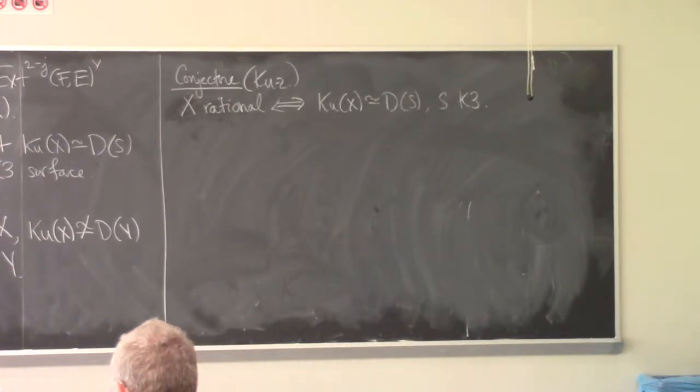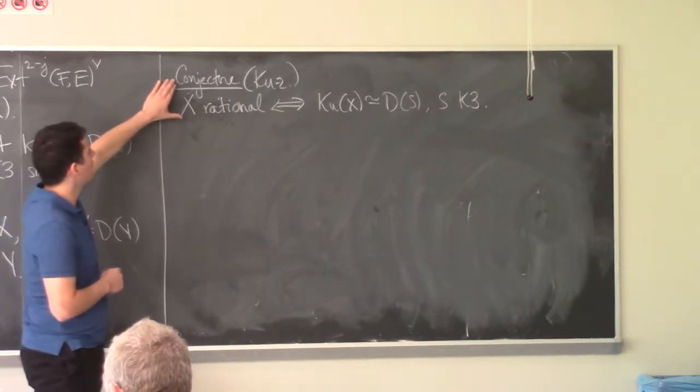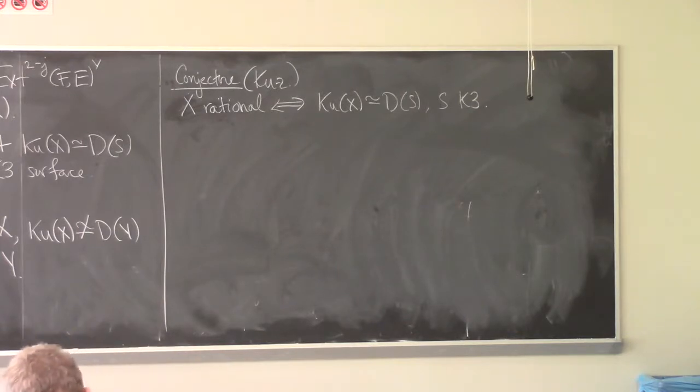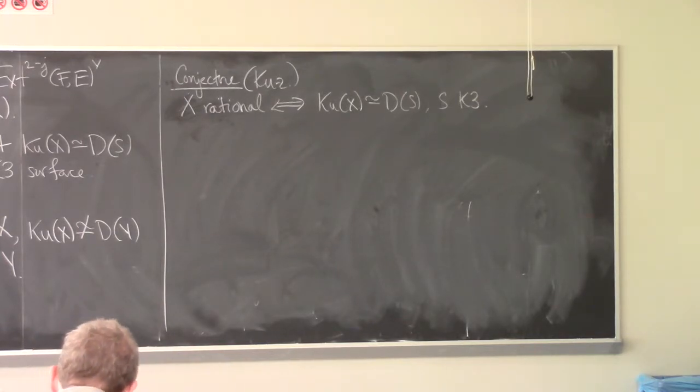Eventually, I will come back and say a little bit more about this conjecture. Is it clear that S has to be a K3 or a degeneration of a K3? If Q is equivalent to D of a variety, it has to be a K3, and that's relatively easy to check. You look at the Hochschild homology, and you can deduce it has to be a K3.